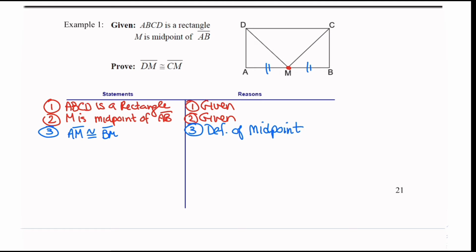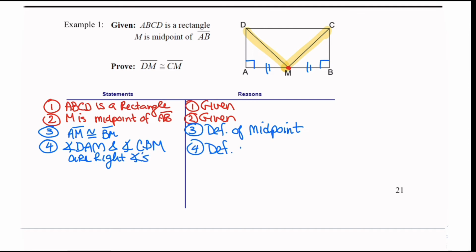Good. Now we're going to try to prove that DM and CM are congruent to each other. All right, that's our goal, and we're going to do that through the triangles. Since this is a rectangle, I know that these two angles are going to be right angles. So what I'm going to write down next is that angle DAM and angle CBM are right angles, and that is because of the definition of rectangle.